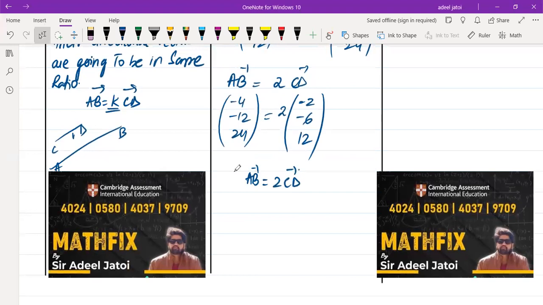Now, considering that the AB magnitude is 4 under root 46, the CD magnitude will be 2 under root 46.